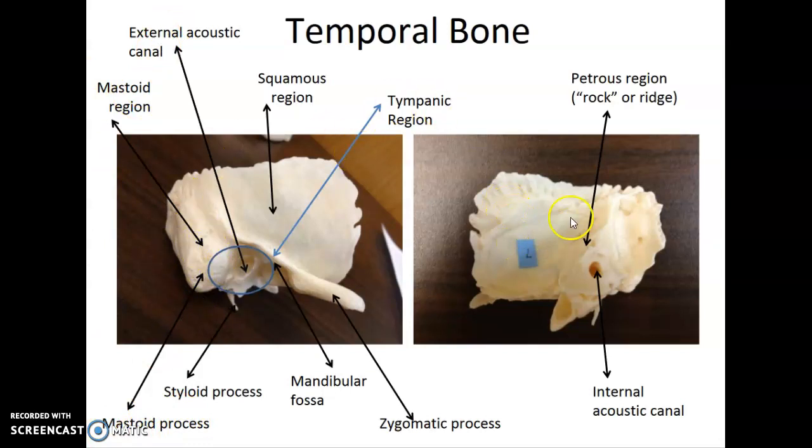And then we've actually got, again, if we turn this over, here's our mountain we talked about right through here. And of course, that's our brain sitting over top of this, and the nerves from your ear are coming out and going to your brain through that hole right there. So this mountain is the petrous region, and petra means rock. Okay.